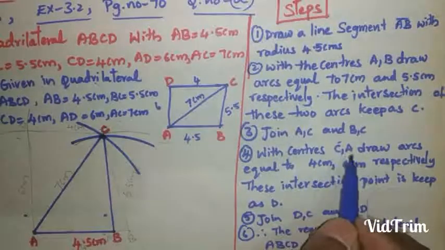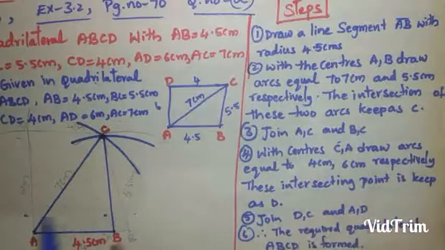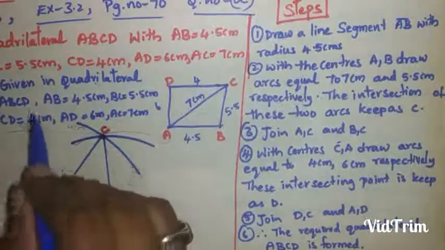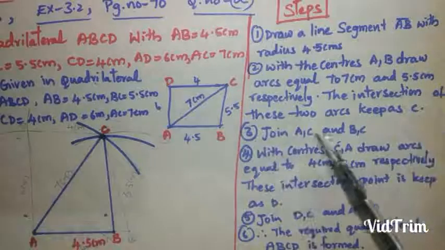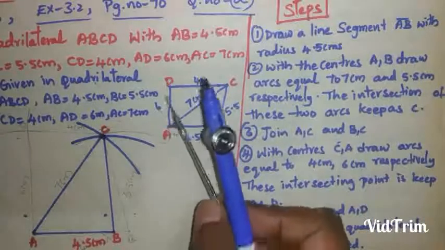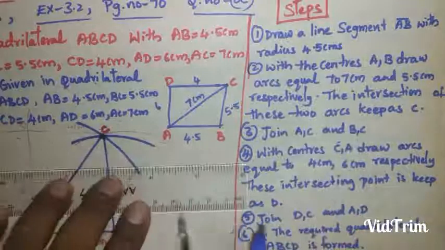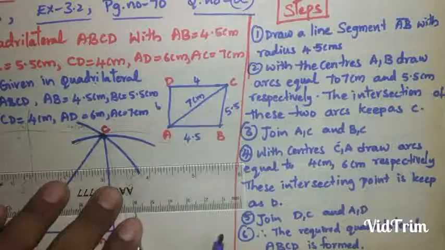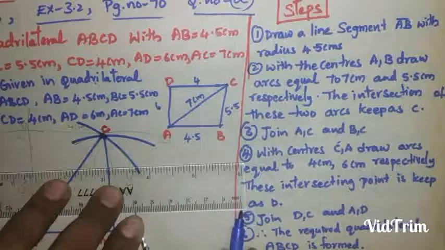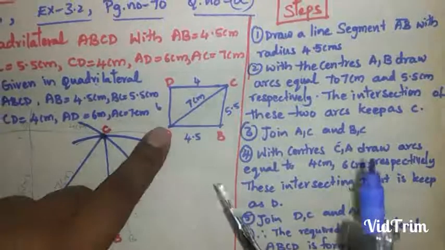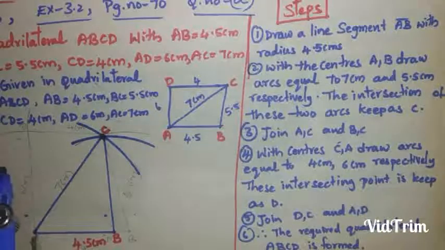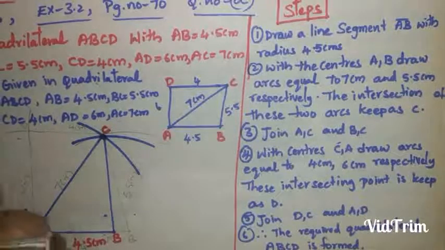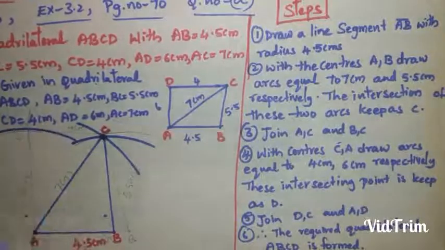Again, with centers C and A, draw arcs. From C and A we should draw 2 arcs. From A to D is 6 centimeters. Let us take 6 centimeters using the compass on a scale. From point A, let us draw an arc of 6 centimeters.